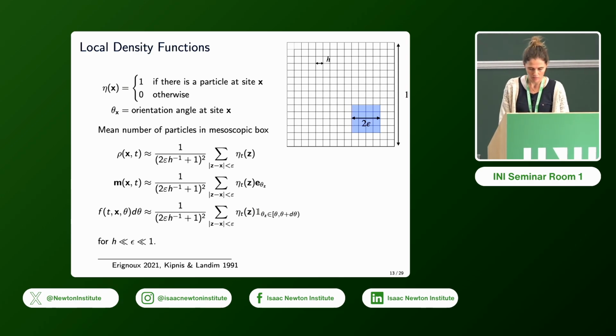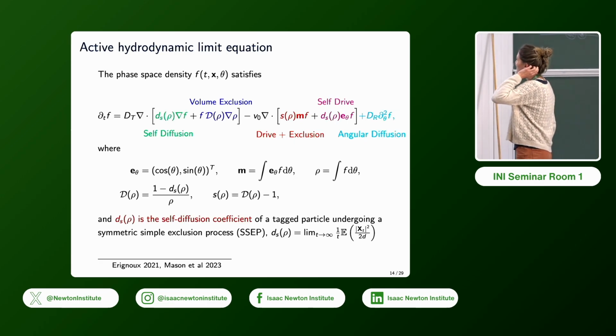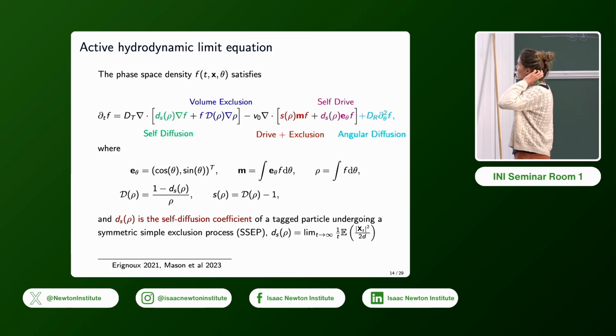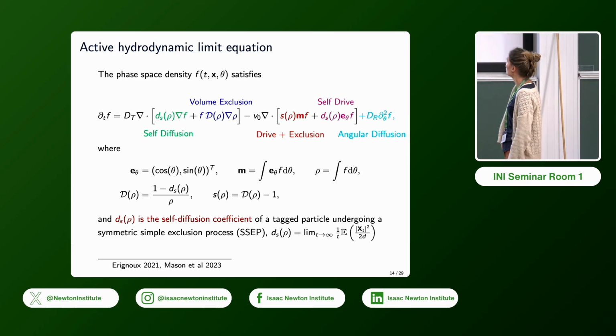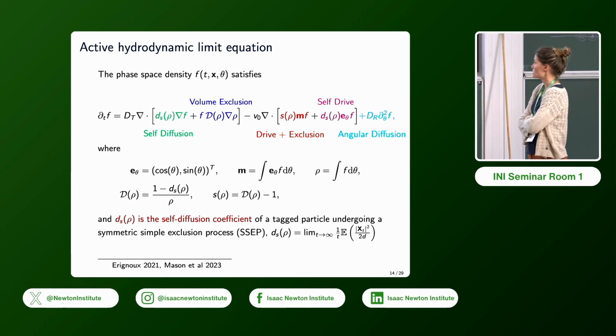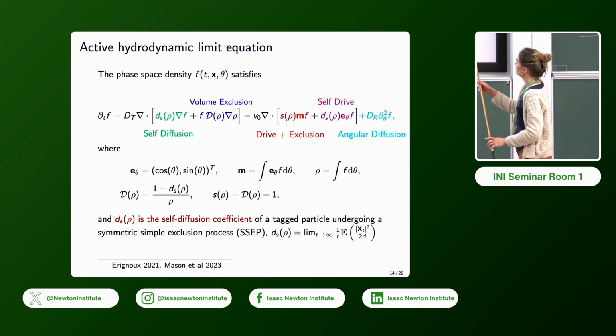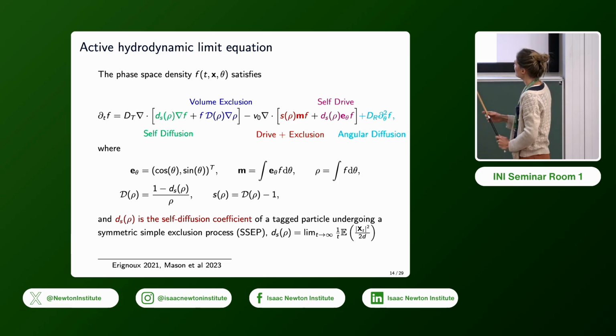I'm going to spare you all the details of Clément's thesis, but basically the hydrodynamic limit equation that he got. It's not quite this, because in the work of James we changed slightly the process in orientation, but the main idea is exactly the same.